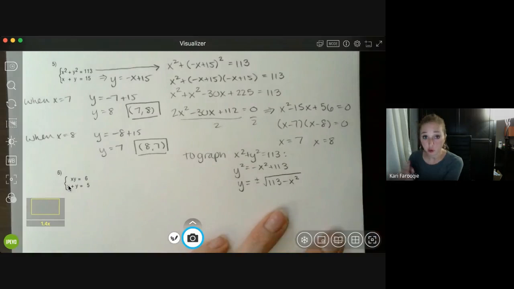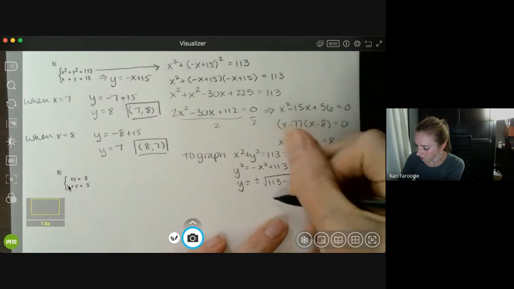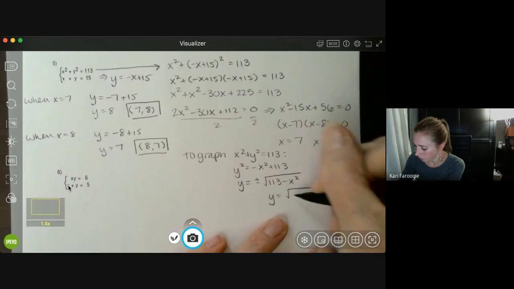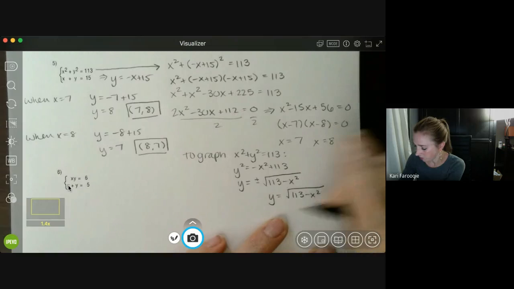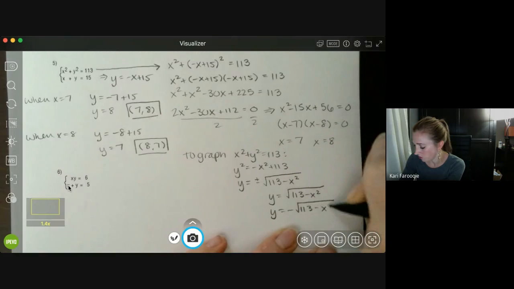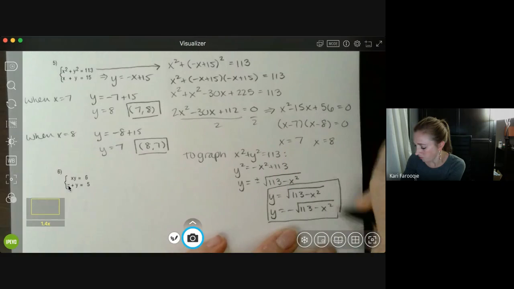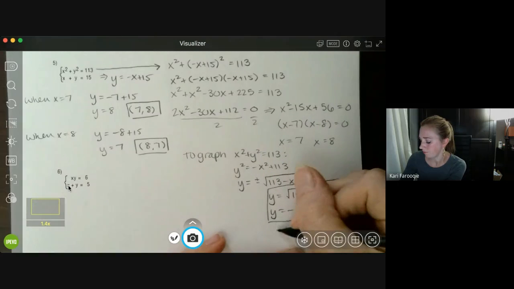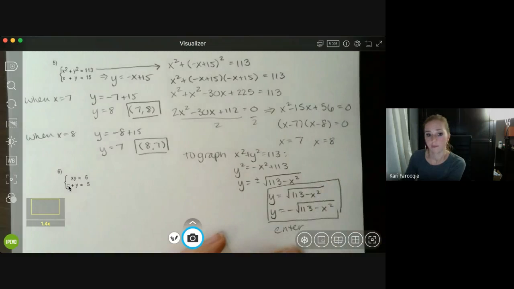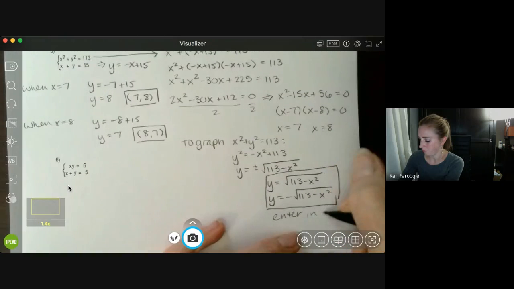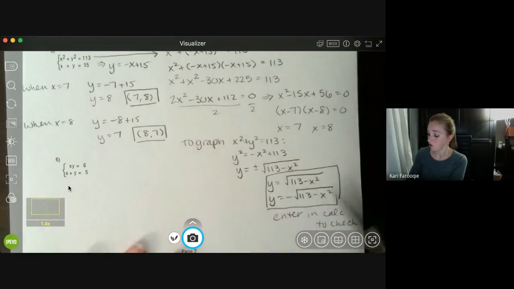So this is two different functions. This is y equals the square root of 113 minus x squared, and y equals the negative square root of 113 minus x squared. So this is what you enter into your calculator. And this just graphs your circle.